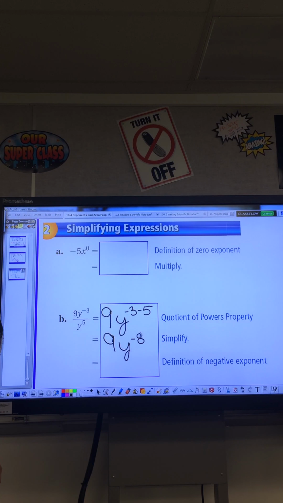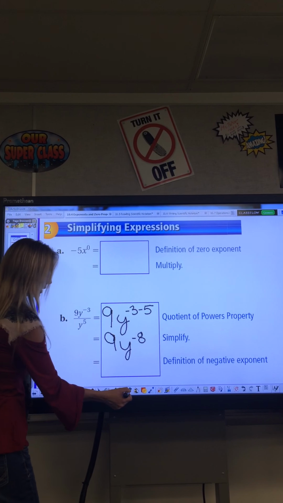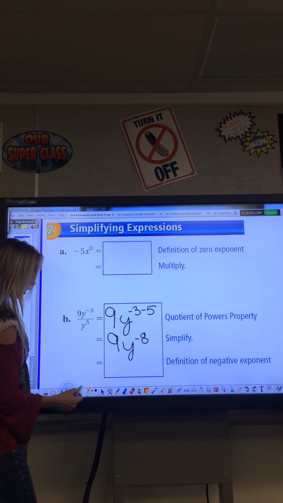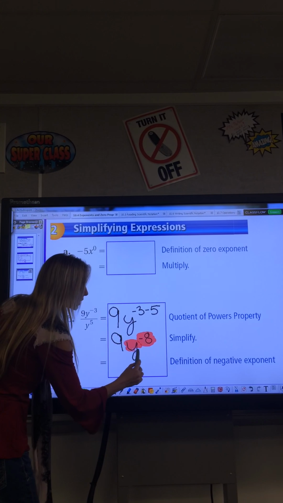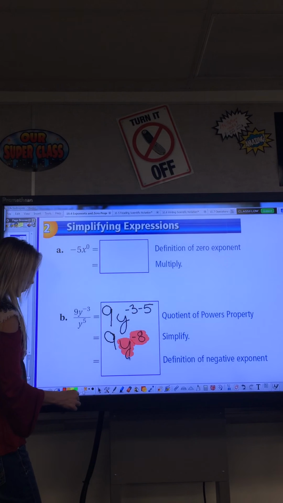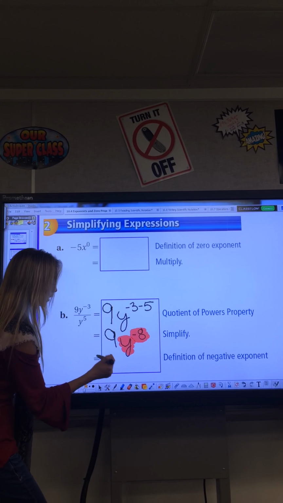Can I have a negative exponent? No, I cannot. So I know that the y has to go in the denominator because the negative 8 applies only to the y, not to the 9. So we will put the y with the exponent in the denominator.